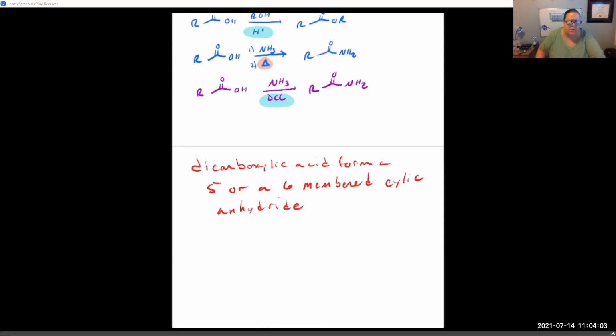Pretty much everything we're going to be doing in terms of ring formation, we can do 5 and 6-membered rings all day long. Once we start to deviate from that magic number, it gets a lot more difficult to do.